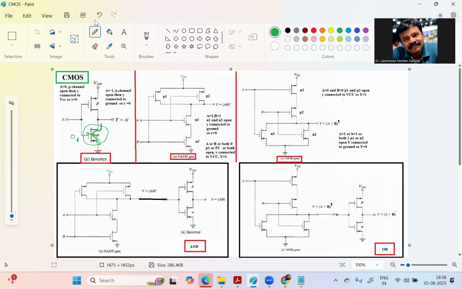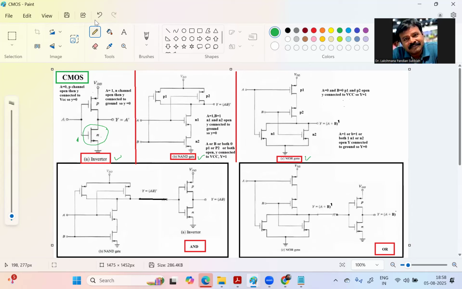So the basic devices using CMOS technology are the inverter, NAND gate, and NOR gate.